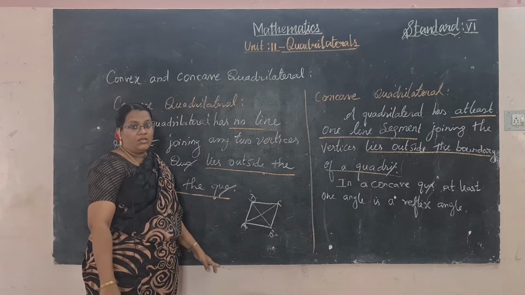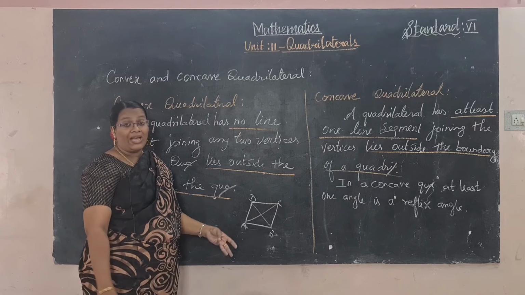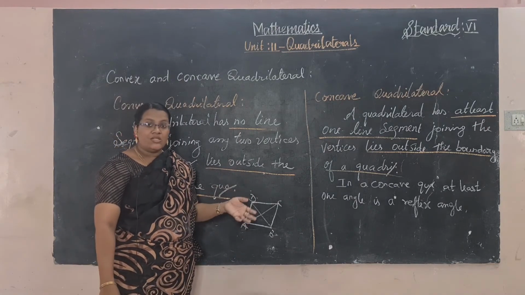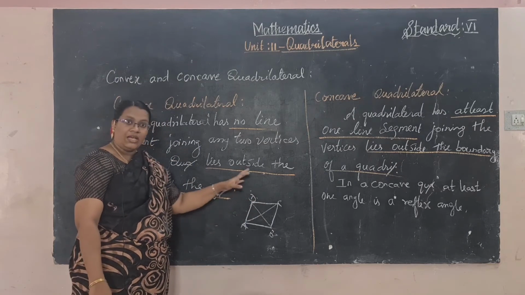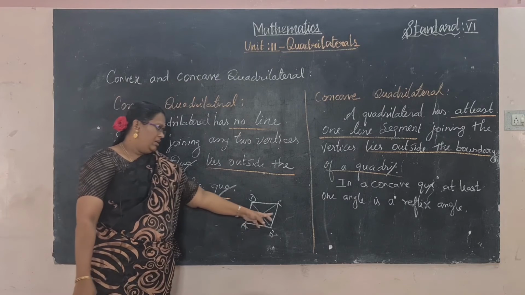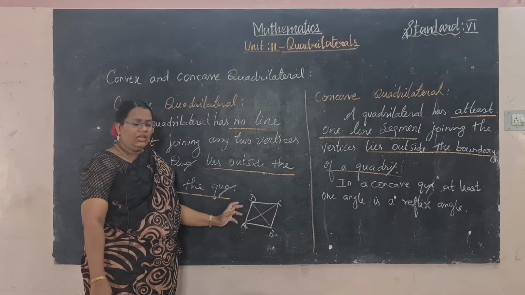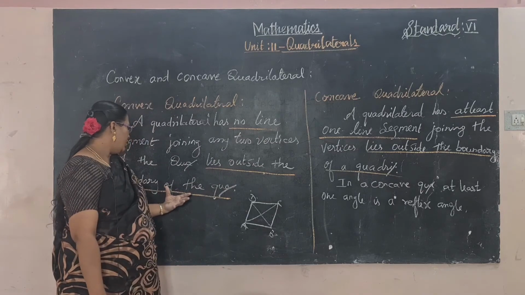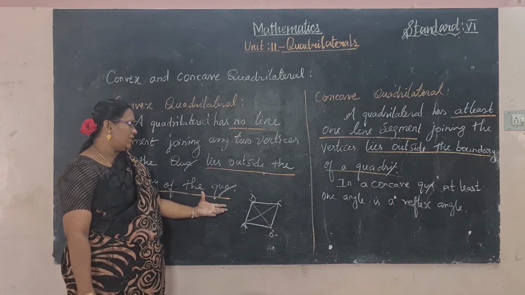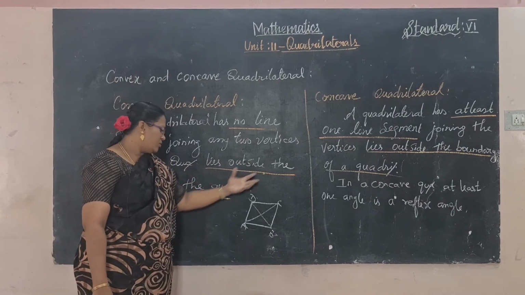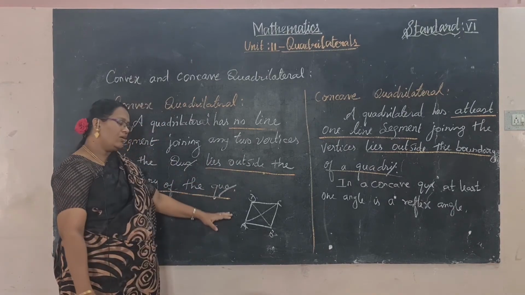All the types of quadrilaterals: square, rhombus, rectangle, kite, parallelogram, trapezium. These all have the diagonals only inside. No line joining any two vertices lies outside the boundary of the quadrilateral.